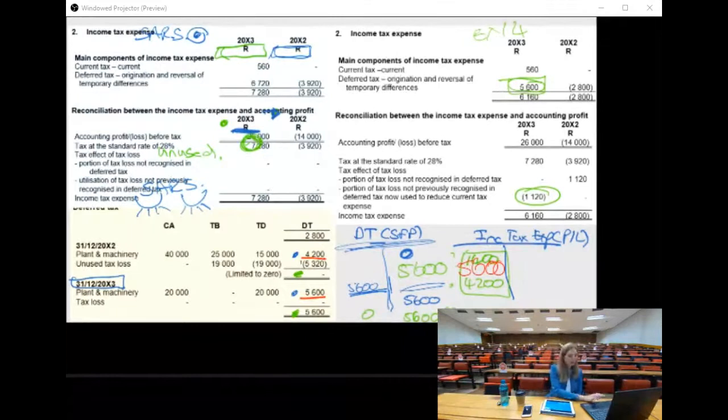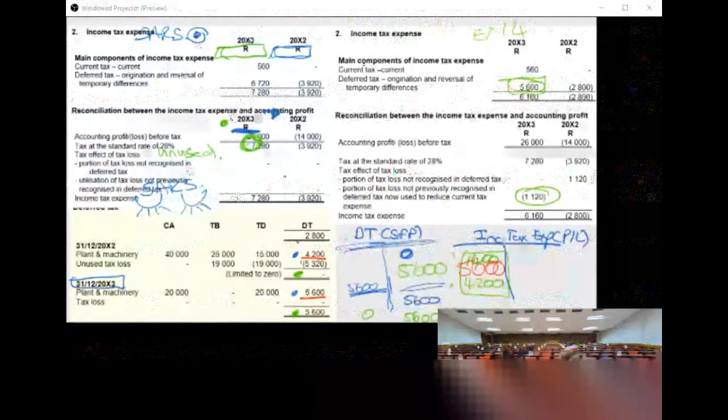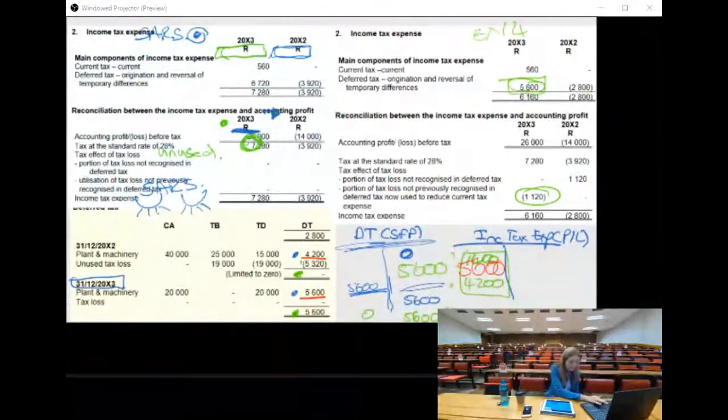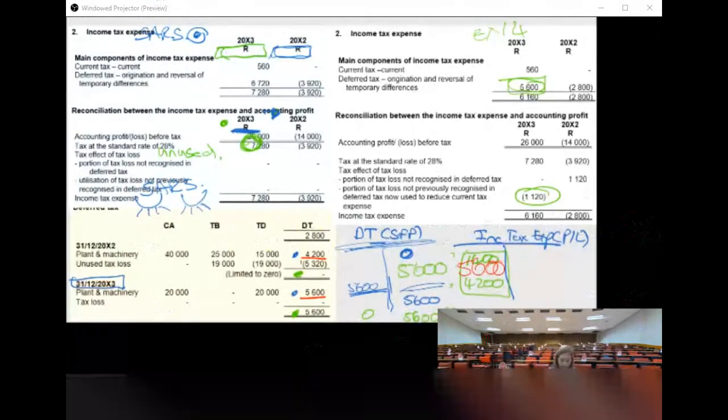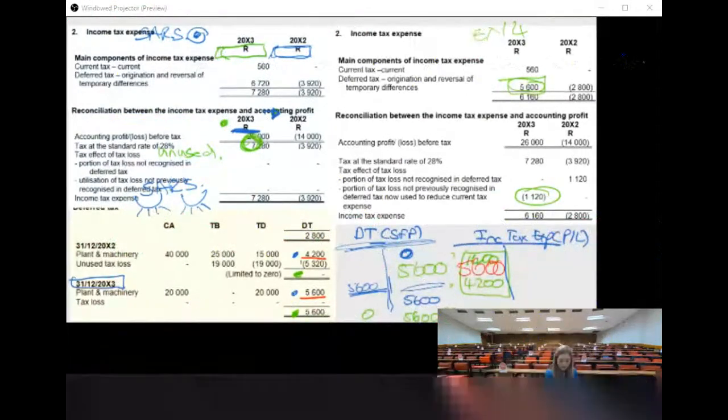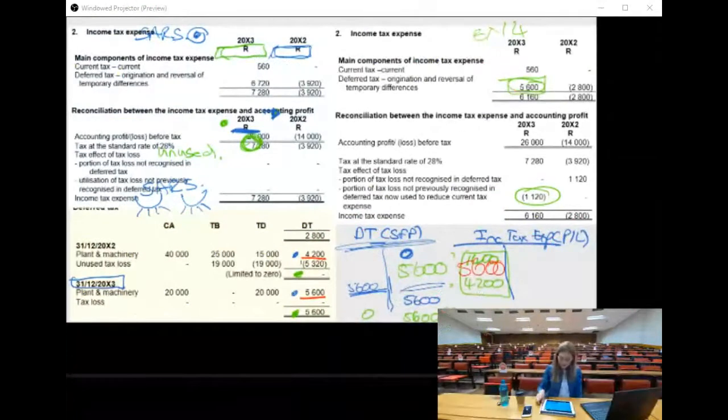Okay. Good. So there was a question: SARS doesn't recognize the portion of tax loss that we couldn't use, therefore no tax base. I suppose you're referring to the 0 tax base over here.